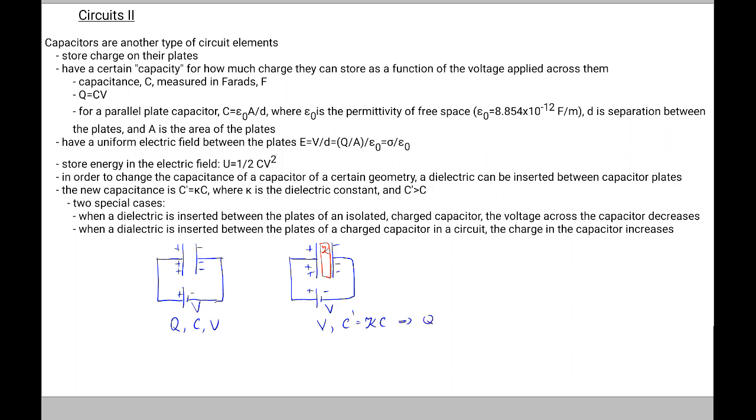Q prime is C prime times V, which is kappa C times V, which means that Q prime is greater than Q. So there will be more charge stored on the capacitor that has a dielectric between its plates.